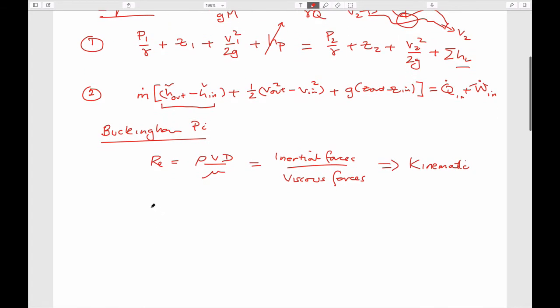There is the Euler number, which is pressure divided by density and velocity squared, which is the pressure force divided through by the inertial force. And this is needed for dynamic similitude.